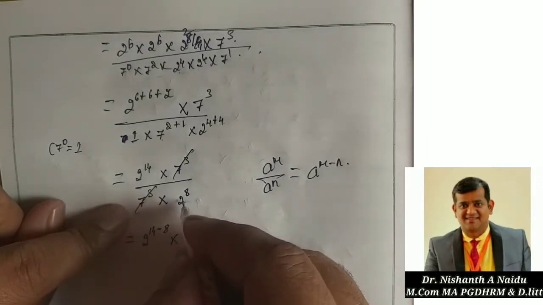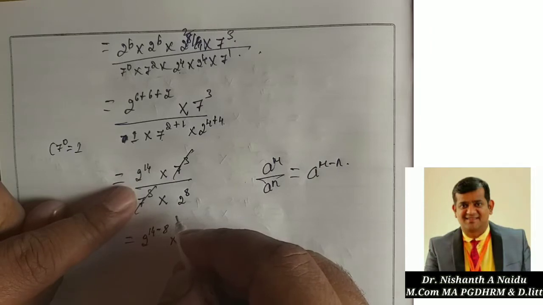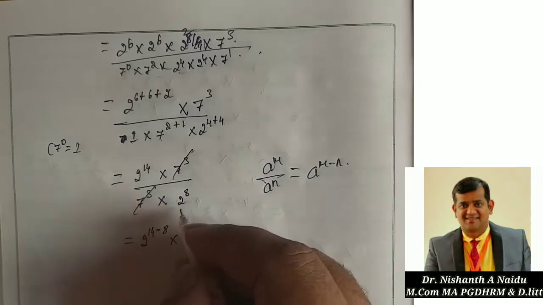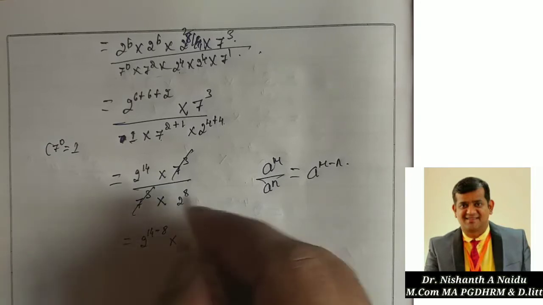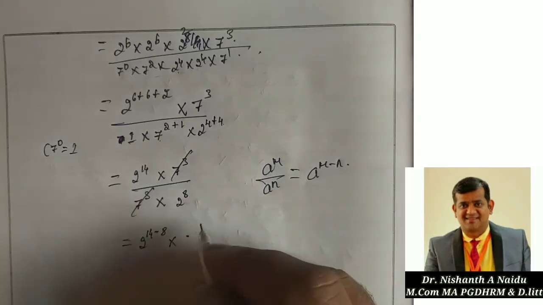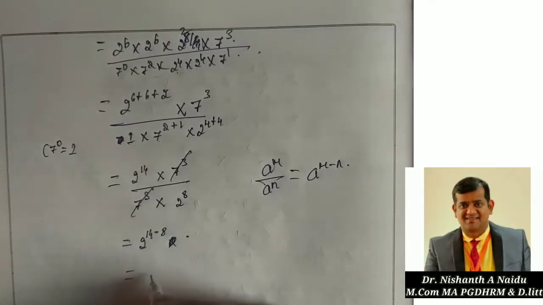2 to the power 8 is there and 2 to the power 14 is there. So if you cancel that, how much are you going to get? 2 to the power 6, right? 2 to the power 14 minus 2 to the power 8 gives 2 to the power 6.